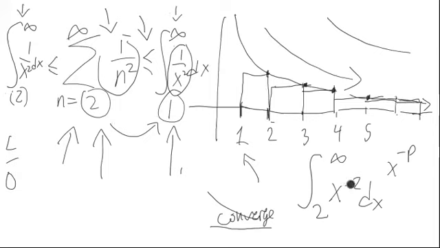We could actually go through the computation of this integral and see it converges. In fact, we'll do that quickly. We take an antiderivative, that'd be negative x to the negative 1, or negative 1 over x. We're going from 2 and taking a limit going to infinity.